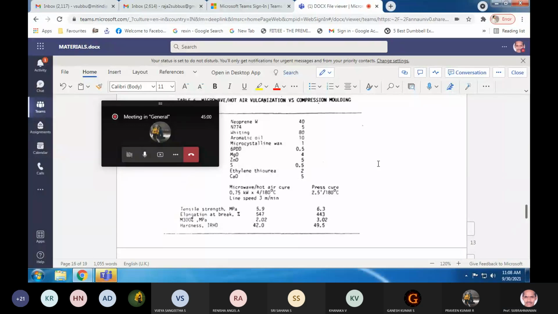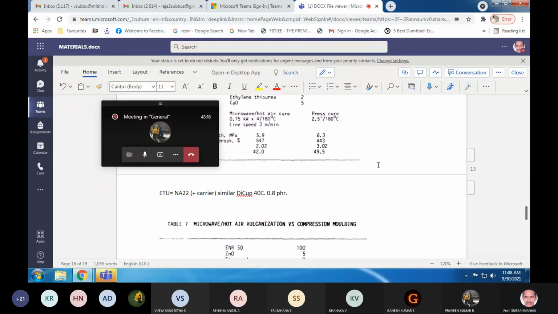All right. And the combination of MC wax, last class we saw MC wax and 6-PPD. 6-PPD is a chemical anti-ozonant. MC wax is a physical one, right?